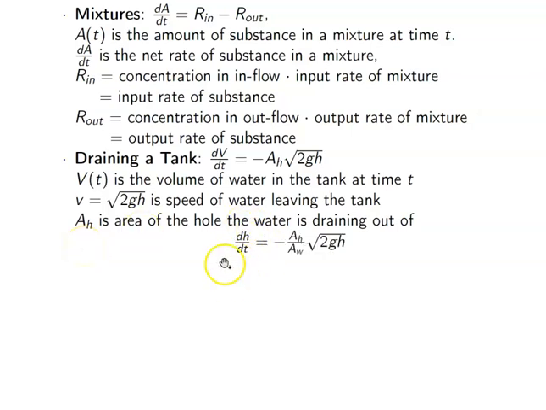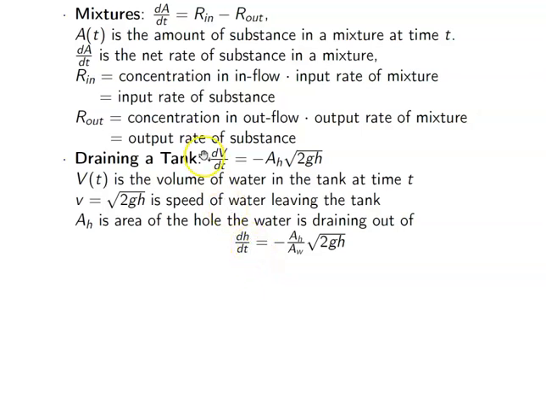Okay, here this is the change in height of the water at any time. So obviously they should be related to each other, right? Because the volume and the height are related. The volume is determined by the height of the water, right?